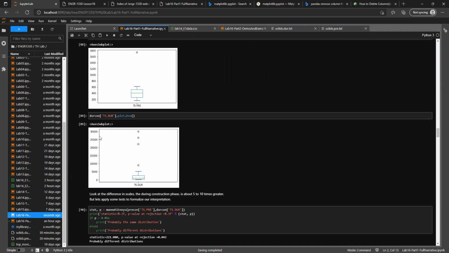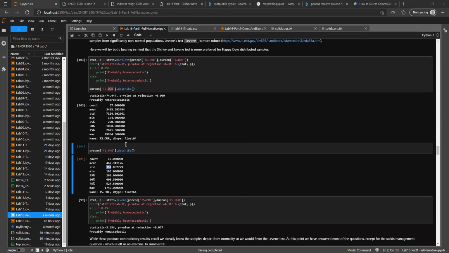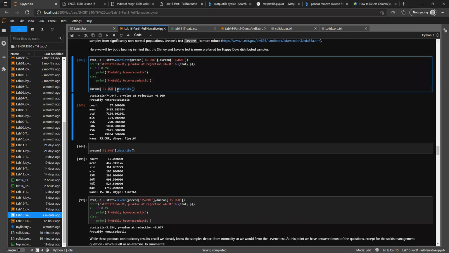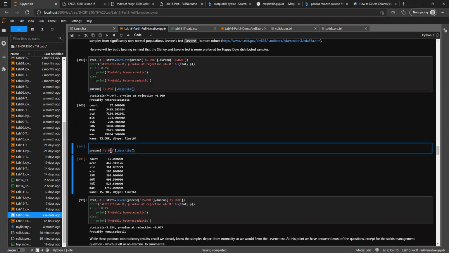What we're interested in is the variance of what's going on here. So the range that we have here is way different than the range we have here. But if you ignore the actual number of what the range is, you can still talk about the variance of this one compared to the variance of that one. So if we go back down here and look, I'll just do pre and during. That way it's in the correct order.